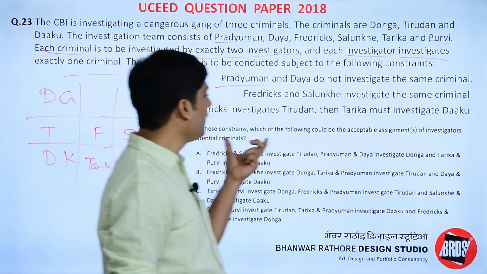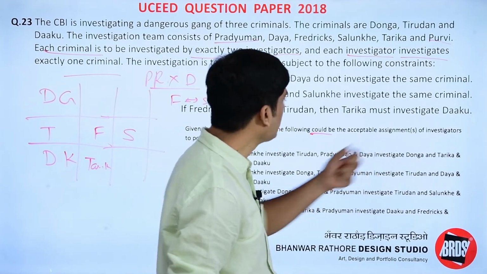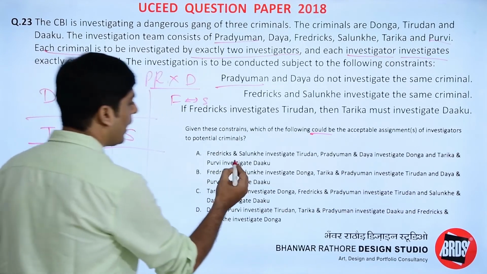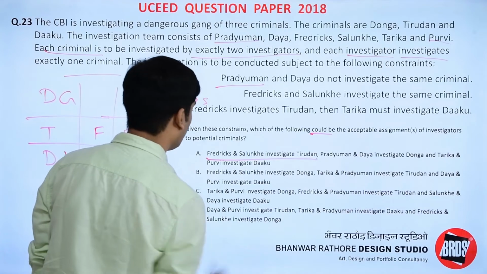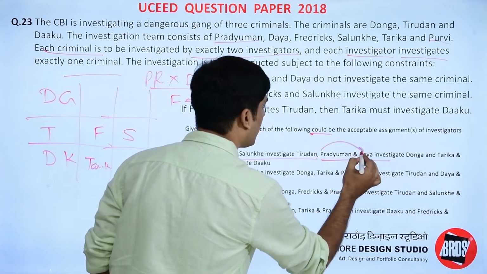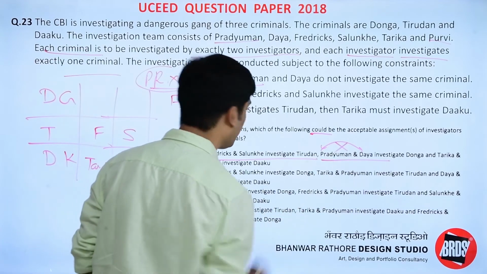With these constraints, which of the following could be the acceptable assignments of the investigation to potential criminals. F and S investigate Tridwan, right? P and D, there is one condition given, P and D can't work together, so this option would be eliminated.